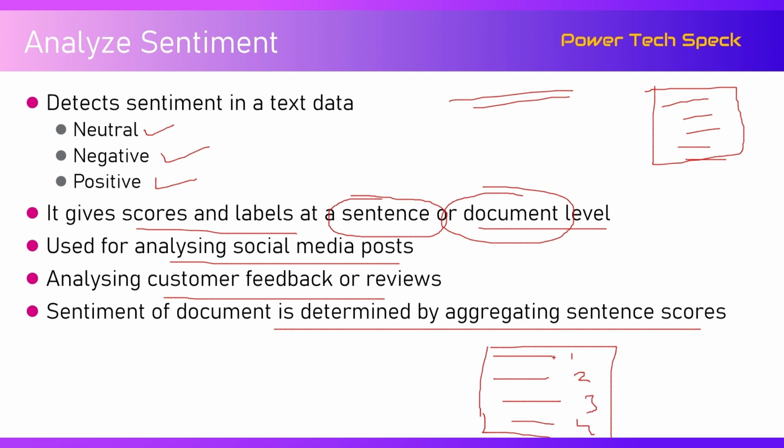Let's assume the first line is a positive sentence, someone actually appreciating some concept or subject. The second line, again, is positive. The third line, maybe it's negative, and the fourth line, maybe it's positive. Now, if you see the overall sentiment of this document, it is positive. So that's how the sentiment is determined. It works at a sentence level and at a document level as well. We're going to see that example soon.